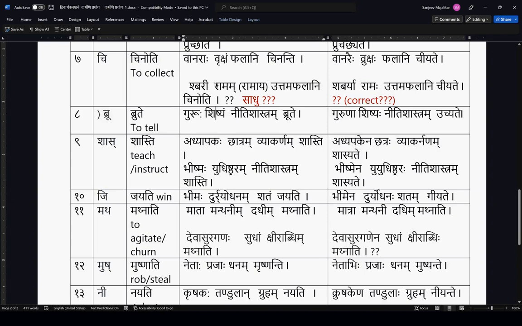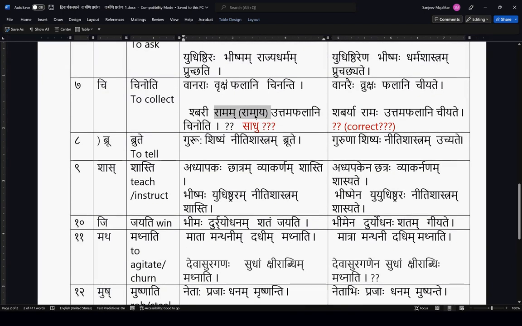Okay. So we just discussed that Rama is not correct here because this is not originally apadana karakam. In the first example, vruksham is right now in Ditya Bhakti, but if it is not Ditya Bhakti, it should have been in Panchami Bhakti, right? Apadana. Vanaraha vrikshat phalani chinvanti.